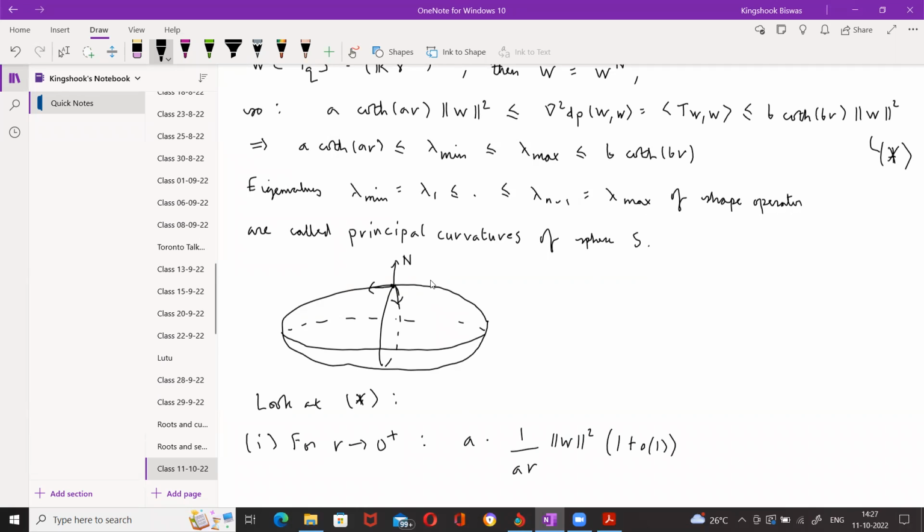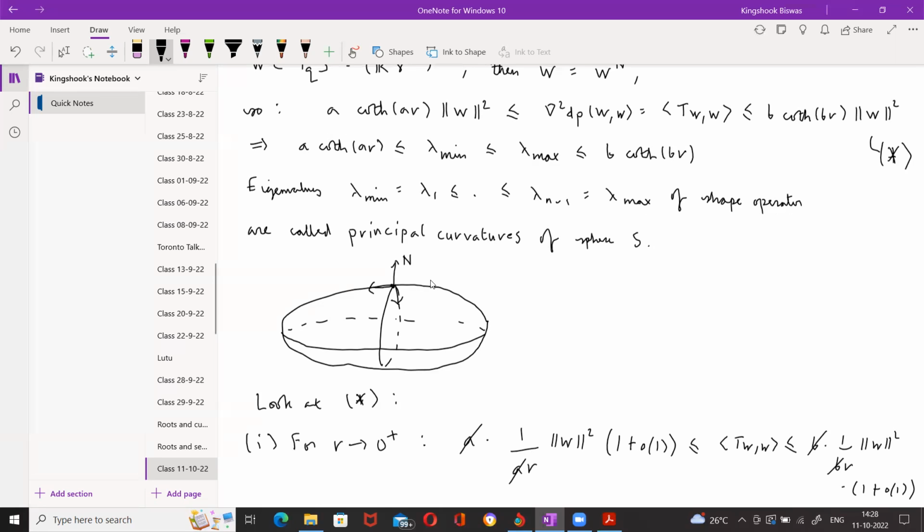This is less than or equal to inner product TWW, less than or equal to B into 1 over BR, norm W squared, into 1 plus little o of 1. So the A and the A cancel, the B and the B cancel. So this looks like 1 over R into norm W squared.